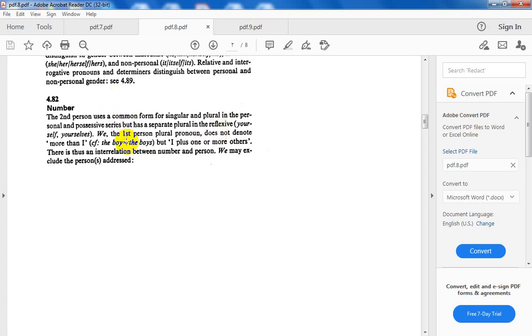So we, again, there is we. We, it is the first person plural pronoun. It doesn't denote more than one I. Again, please students, we doesn't refer to more than one I. It is the I, the speaker, plus others, maybe plus one, maybe plus more than one.